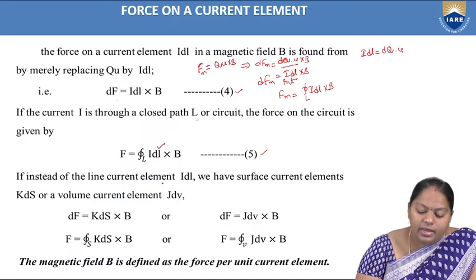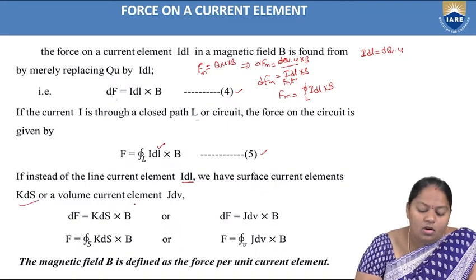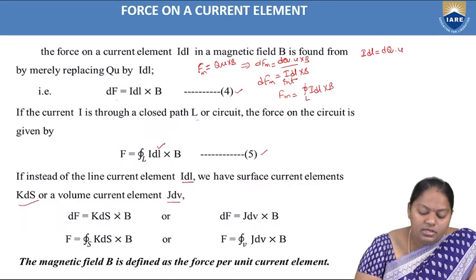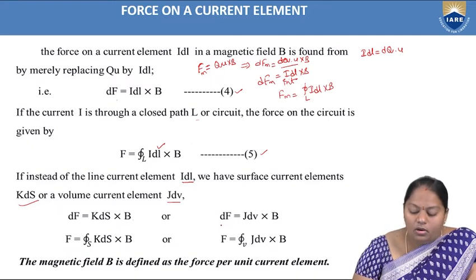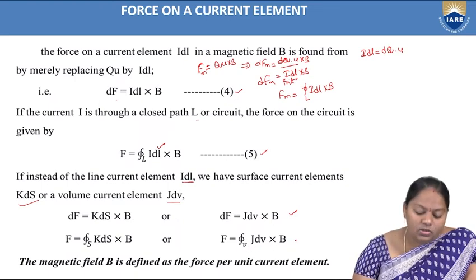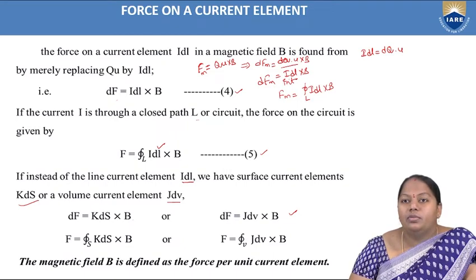So if instead of the line current I dl we have surface current elements K dS or a volume current element J dV, then dF is given by K dS cross B, or for the integration, F is equal to the closed surface integral over S of K dS cross B. Or for the volume, dF is nothing but J dV cross B, or F is nothing but the integral over V of J dV cross B. So the magnetic field is defined as the force per unit current element.